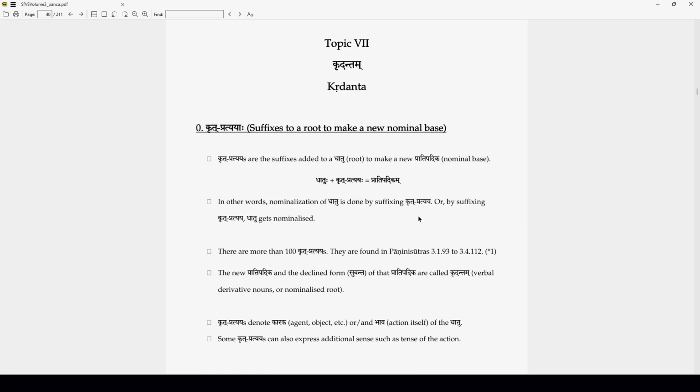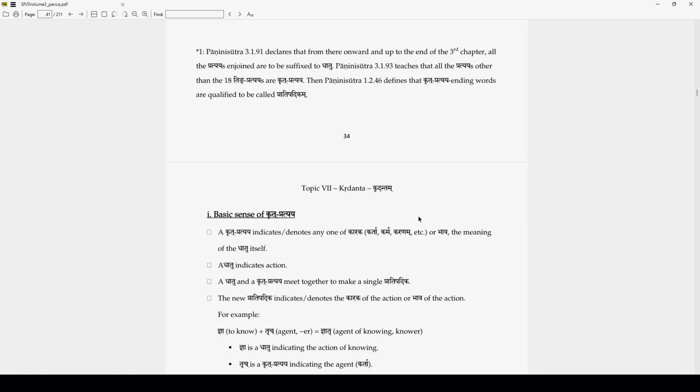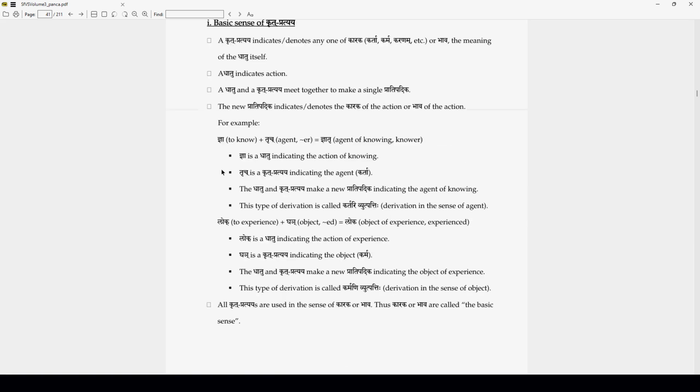Okay, krut pratyaya. This we discussed last time anyway. Dhatu plus krut pratyaya gives pratipadikam, which we already know. And pratipadikam plus supratyaya becomes subanta, subantam or padam. So some examples of krut are given here.